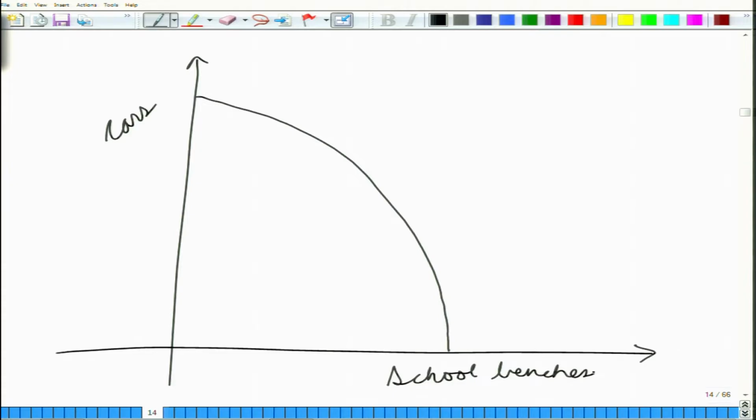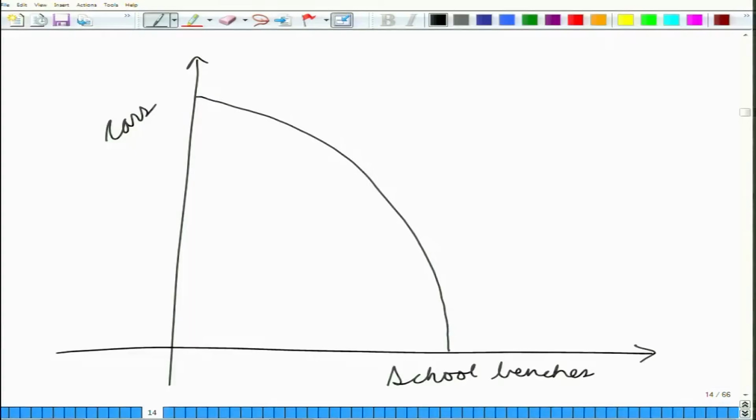Typically we have seen that the rate at which you can make something is very large in the beginning, because if you are moving from say 0 school benches to say 10 school benches, it is much easier to develop technologies such that you are able to make 10 school benches. But if we are trying to move from say 9990 school benches to 10,000 school benches, making an increment when you already have a very high level of productivity becomes much more difficult.